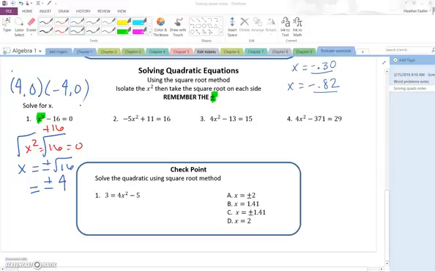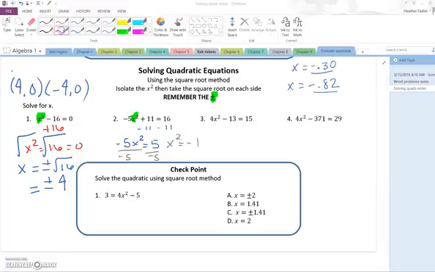All right, looking at number 2, I need to isolate the x squared. So the first thing I'm going to do is subtract 11. That gives me negative 5x squared equals 5. Okay, I'm going to divide by negative 5, and I get x squared equals negative 1.